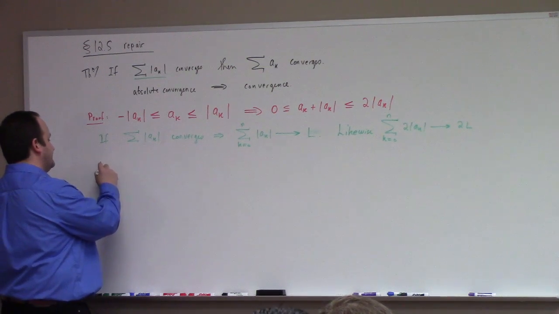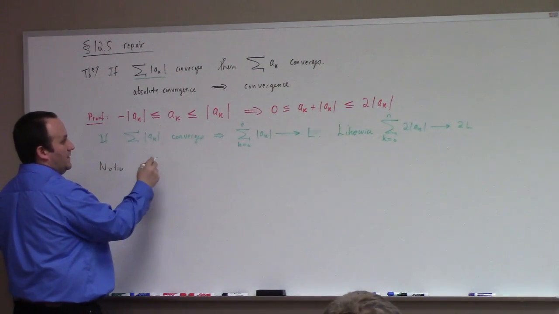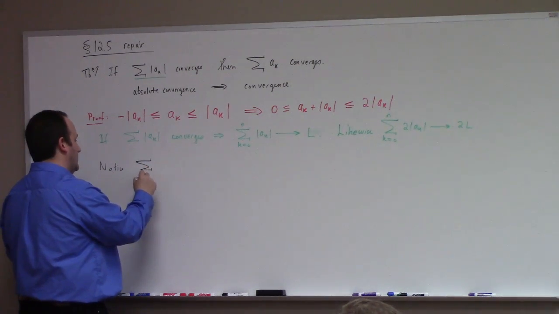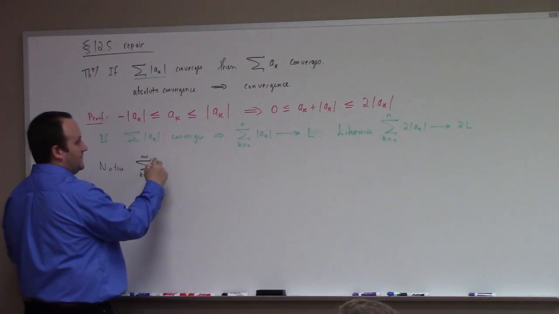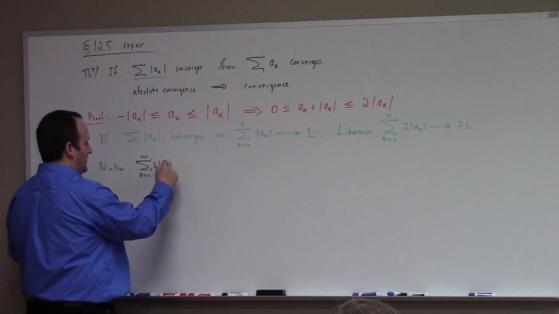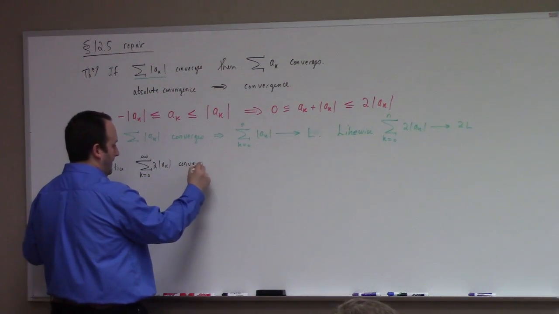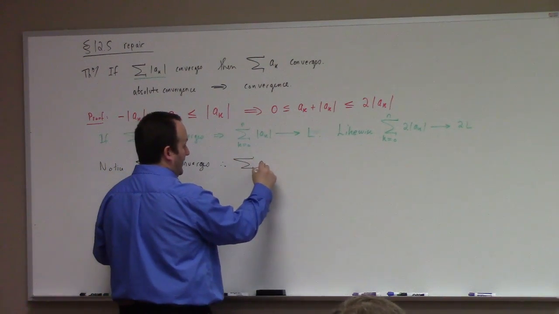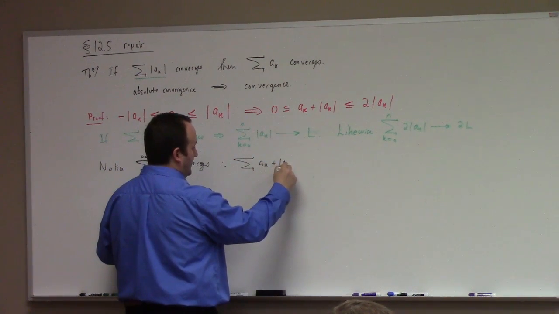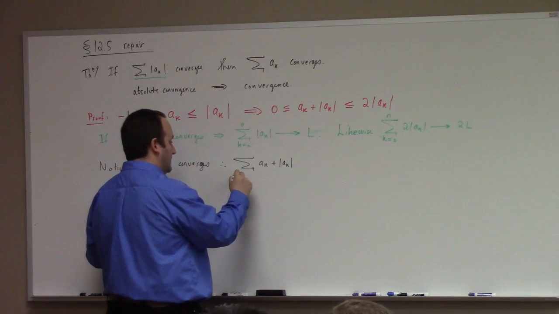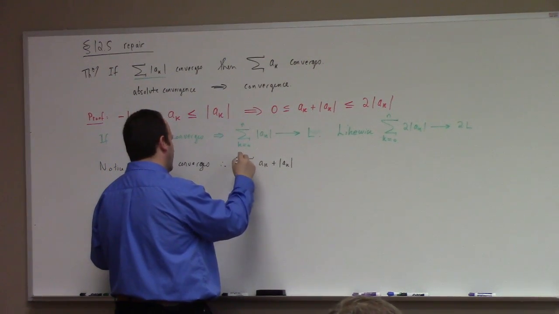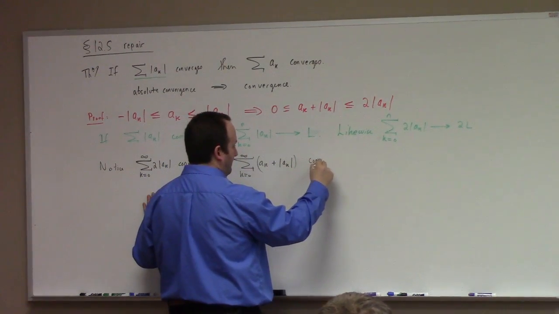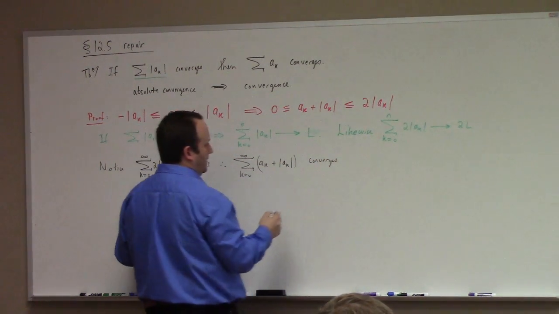So notice that the sum, k equals 0 to infinity of 2 times the absolute value of a sub k converges. Therefore, the sum of a sub k plus the absolute value of a sub k, maybe I do need to think about it. I mean, there's a theorem we're missing here, converges, right? What am I after?